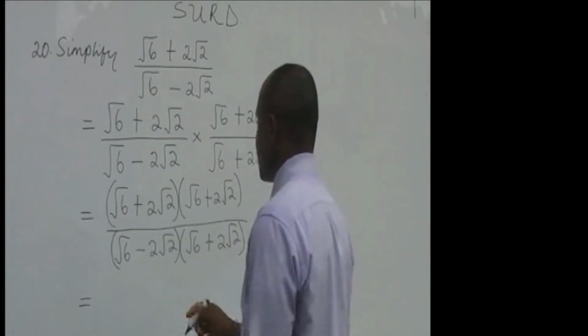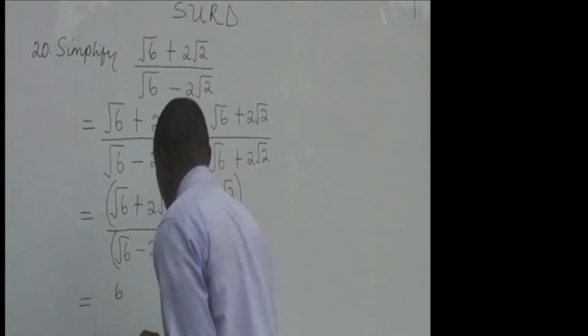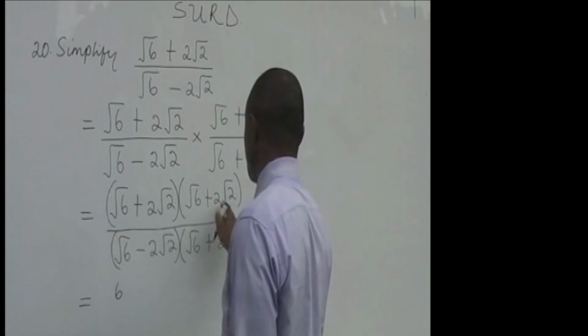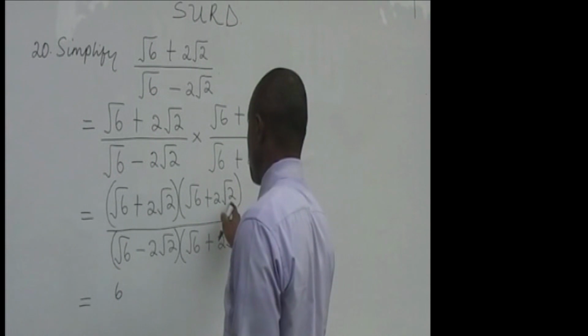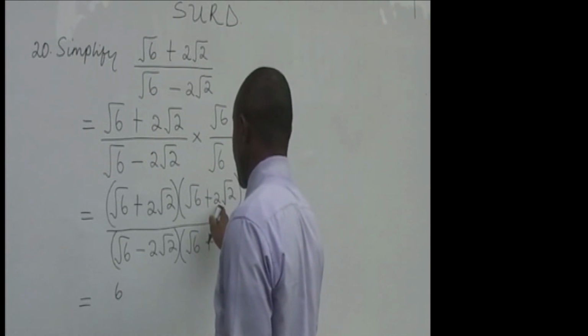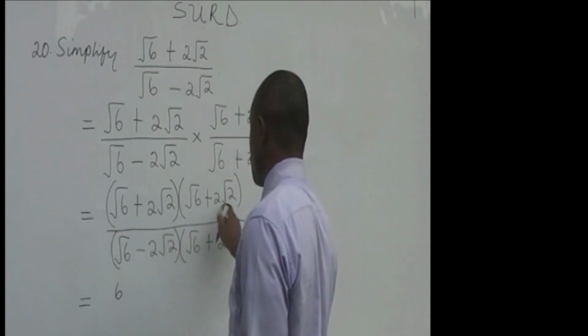multiply out the bracket. Root 6 times root 6 will give you 6. Root 6 times 2 root 2 will give you 2 root 12. Remember it's going to be plus because it is root 6 times plus 2 root 2.